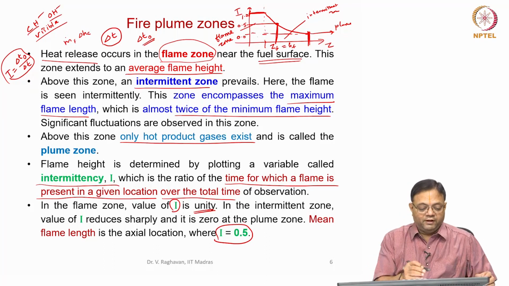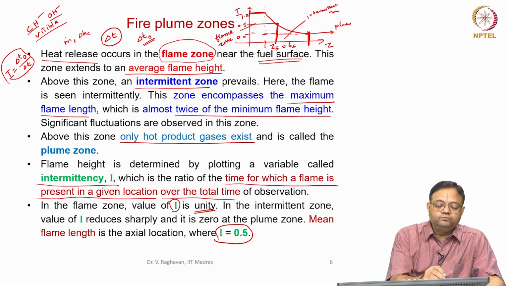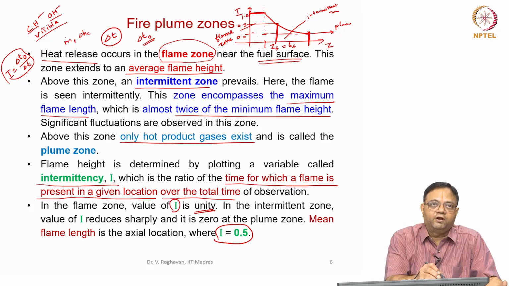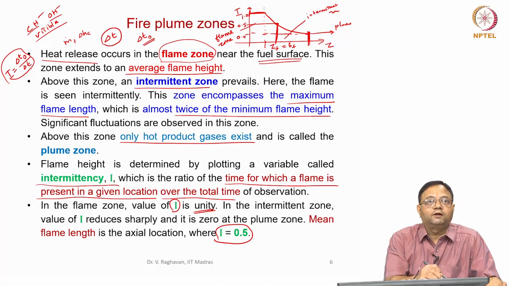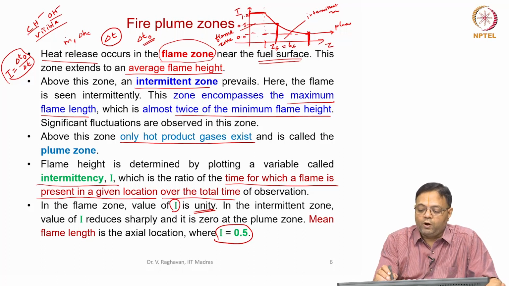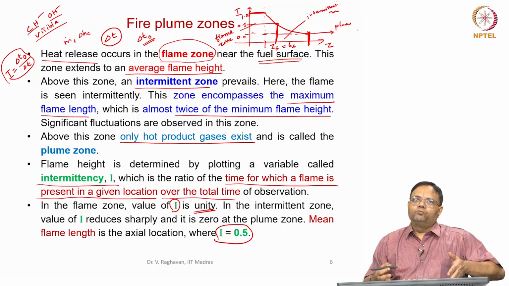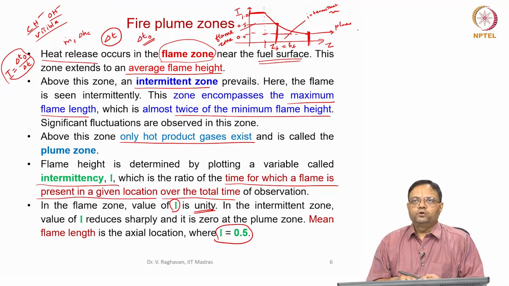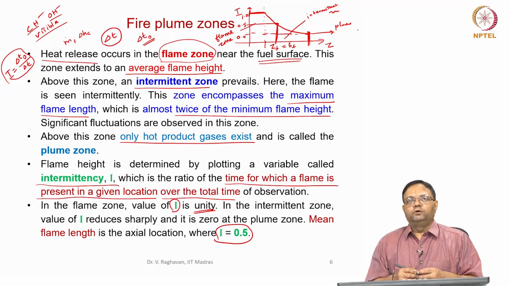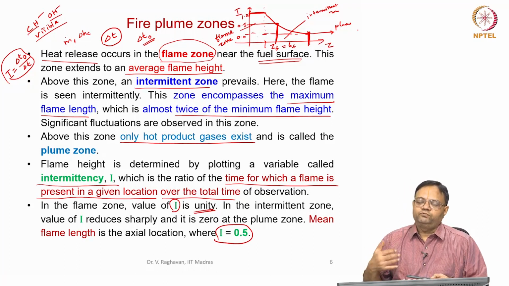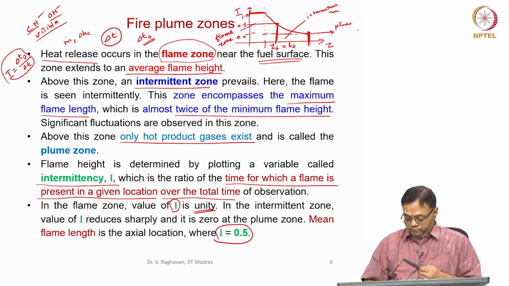Intermittency is the time period where we observe the chemical process or visible flame, divided by the total time period of monitoring. It is equal to 1 for the flame zone, decreases sharply in the intermittent zone, and goes to 0 at the end of the intermittent zone. After that the plume zone starts, and the plume zone is actually very tall. In the plume zone the velocity and temperature reduce.